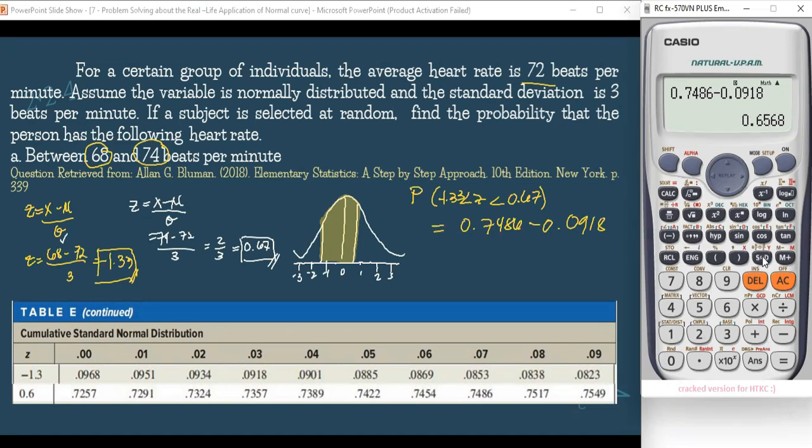So we get 0.6568. So our probability of having heartbeats that are between 68 and 74 is 0.6568 or 65.68%, and that is our final answer.